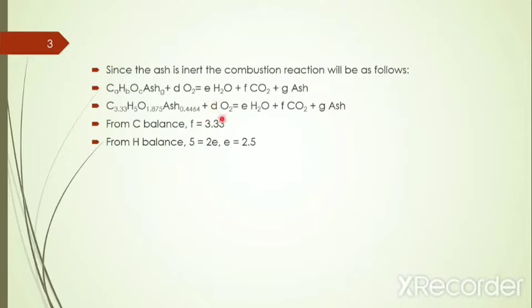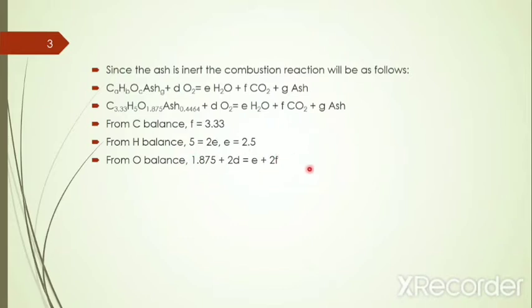Now the only thing remaining is d. This d is very important because it determines the stoichiometric oxygen quantity. For that we go for the oxygen balance on both sides. Here we have 1.875 oxygen plus 2d, as we are taking oxygen atoms. That is equal to e oxygen atoms in water plus 2f oxygen atoms in carbon dioxide.